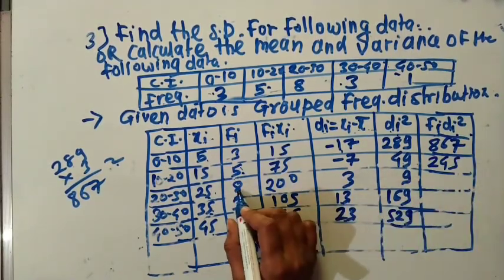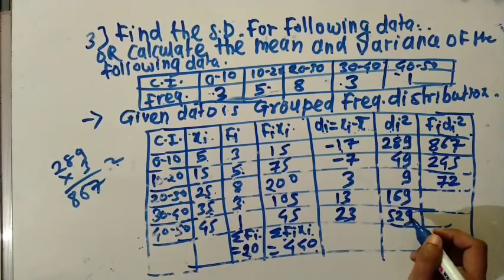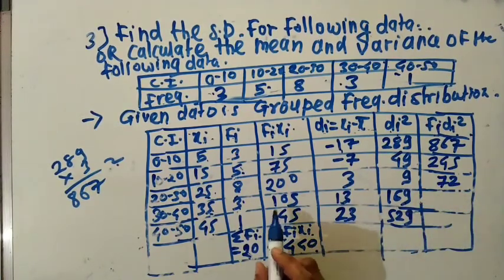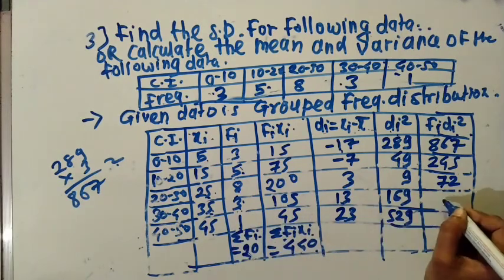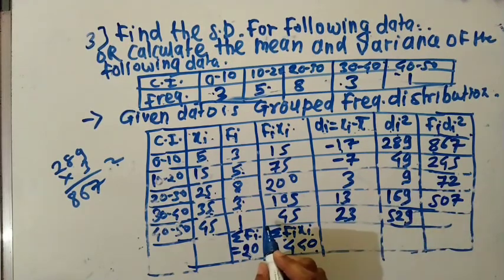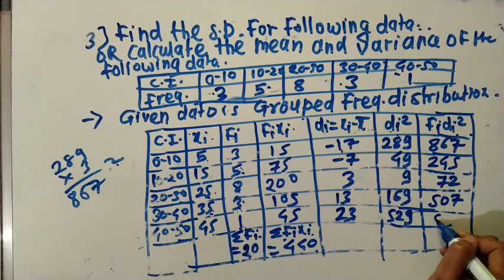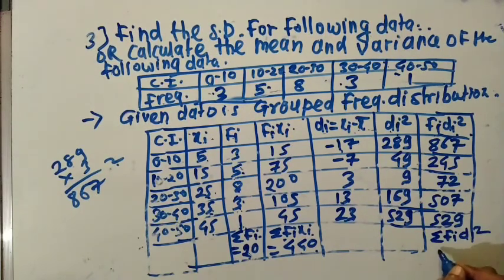Then 9 into 8 is 72. Then 169 into 3 is 507. Then 529 into 1 is 529. Find the summation of all these fi di square, and the summation is 2220.